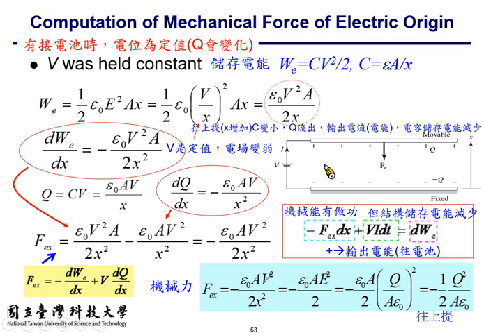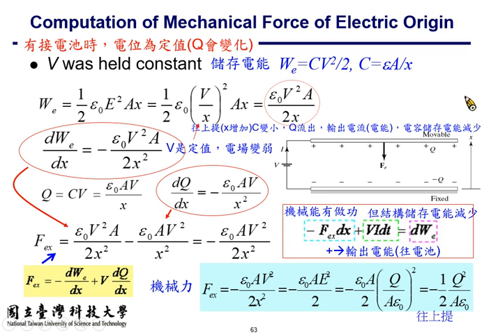C is the capacitance formed by this parallel plate configuration. And V is the voltage between the two plates. So the stored electrical energy in this structure is 1/2 of CV squared. And C can be expressed as epsilon A divided by X.